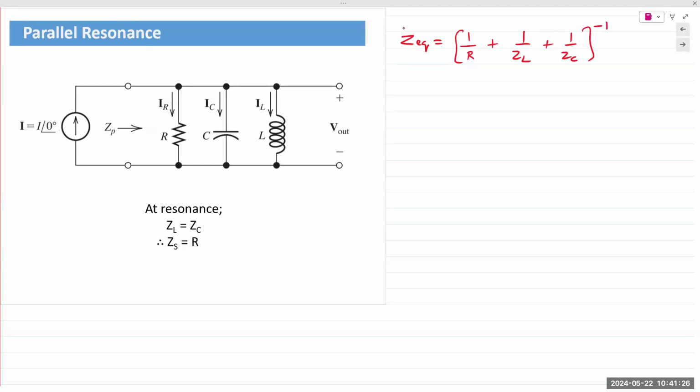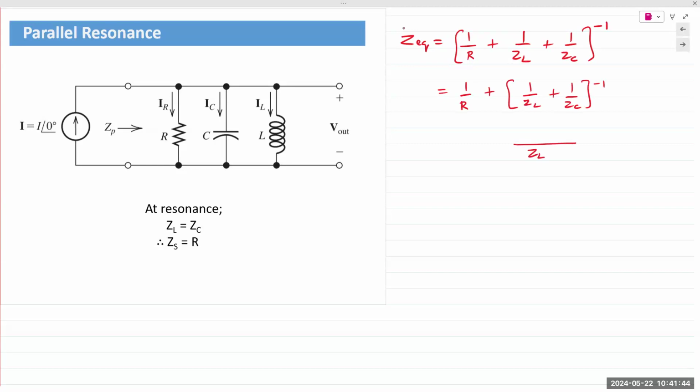So let's just take ZL and ZC. If we just add up 1 over ZL and 1 over ZC, what do we get?